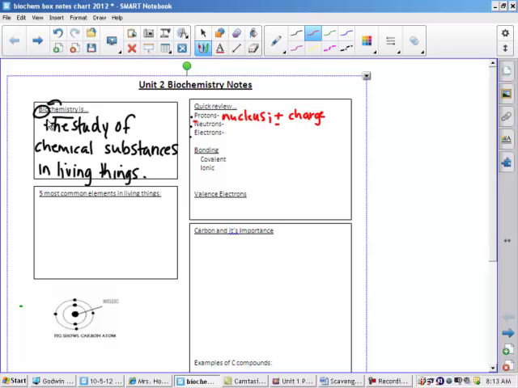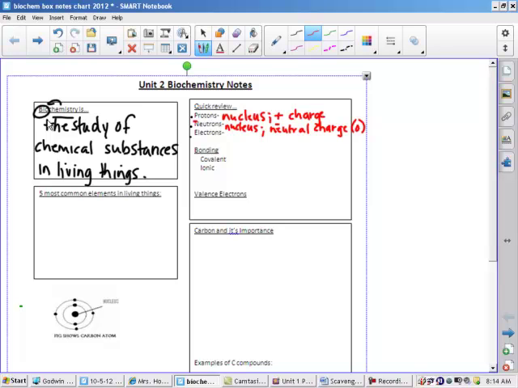Neutrons are also found in the nucleus of an atom. Neutrons have a neutral charge, or we could say it has zero charge. Okay, and electrons are the only ones that are found in a different place than the nucleus, and those are found outside of the nucleus in things we call electron rings.